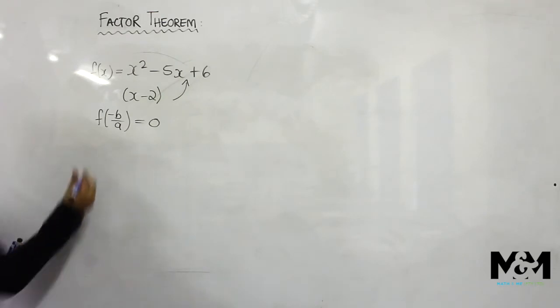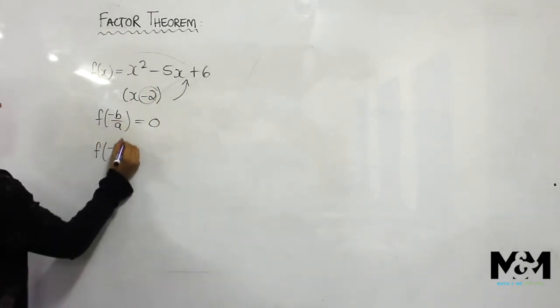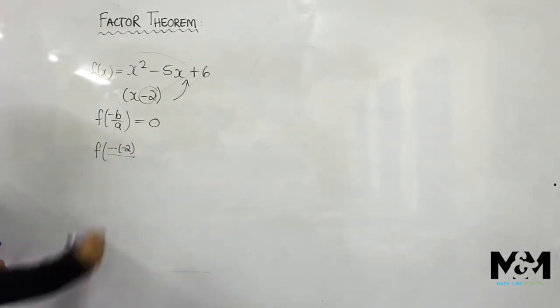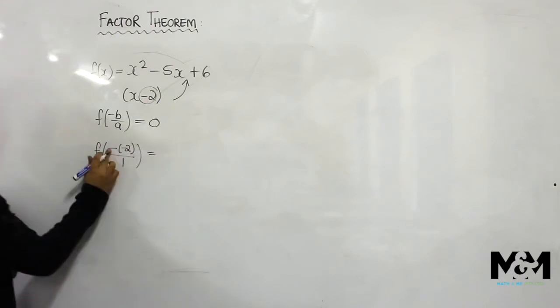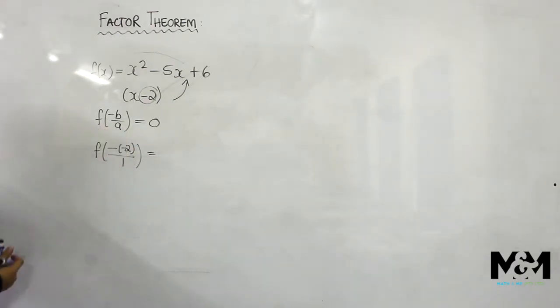So let's test it out. Negative, and my b value over here is negative 2, all over a, with my a value being 1. We know negative times a negative is positive, so that is just positive 2.